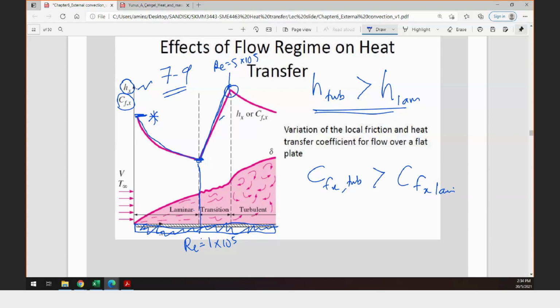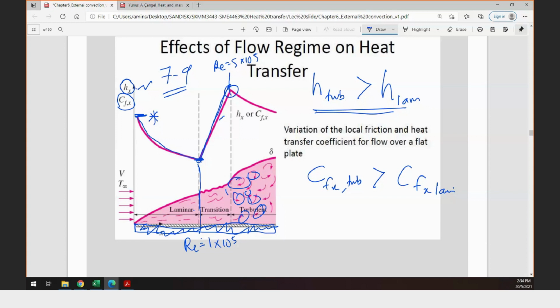Of course, because of the fluctuation of the flow movement. There is fluctuation, but in laminar it is very uniform and smooth, in terms of randomization.